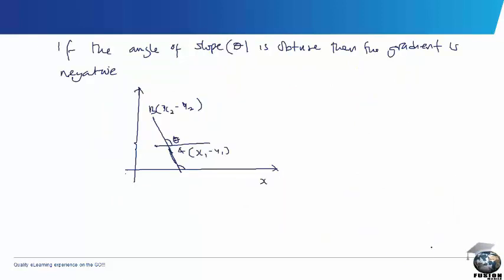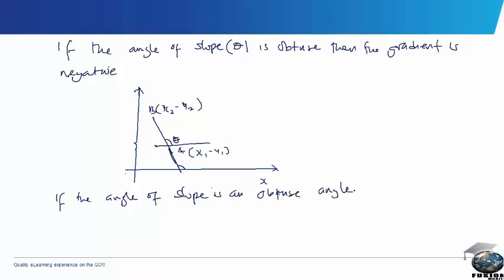Unlike the other case, where if the angle of slope is an obtuse angle, then the slope of the curve will be negative.